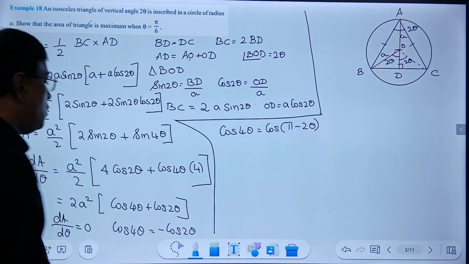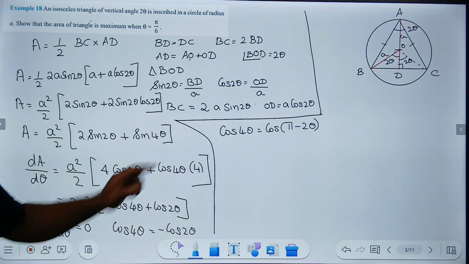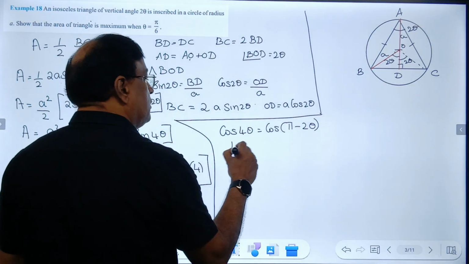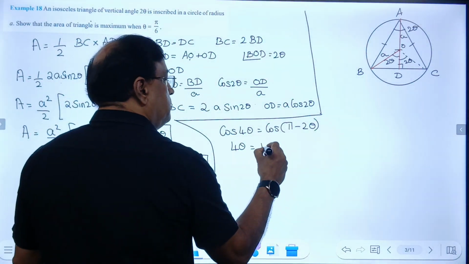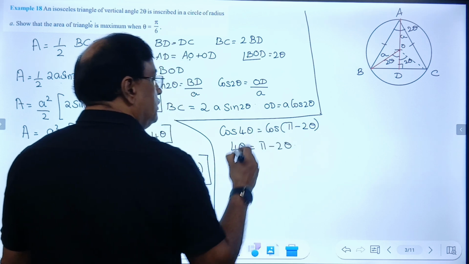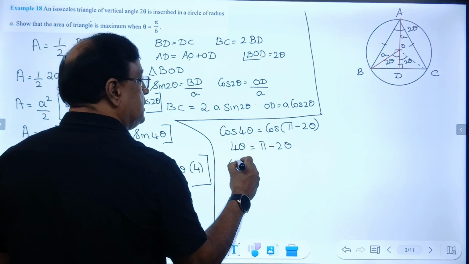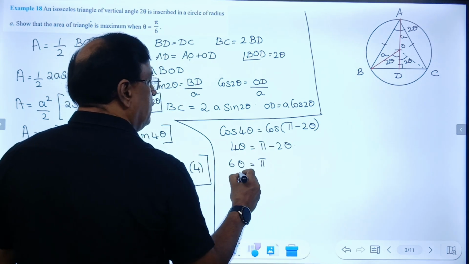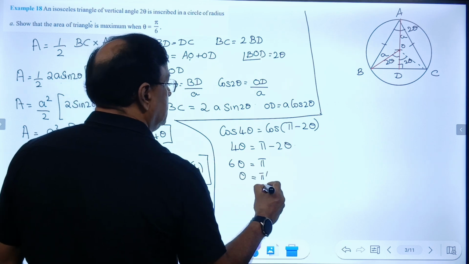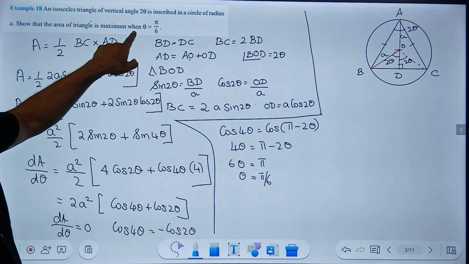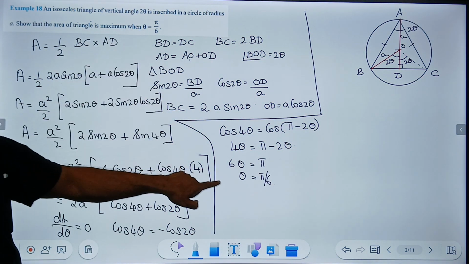Correct? You know cos of 180 minus theta is minus cos theta. So removing cos, I get 4 theta equal to pi minus 2 theta. Therefore 6 theta equal to pi. Therefore theta equal to pi by 6. That is what I wanted to prove. Prove that theta is pi by 6.